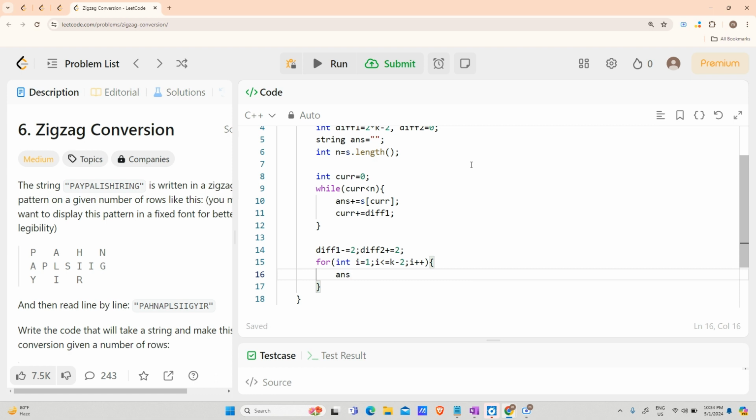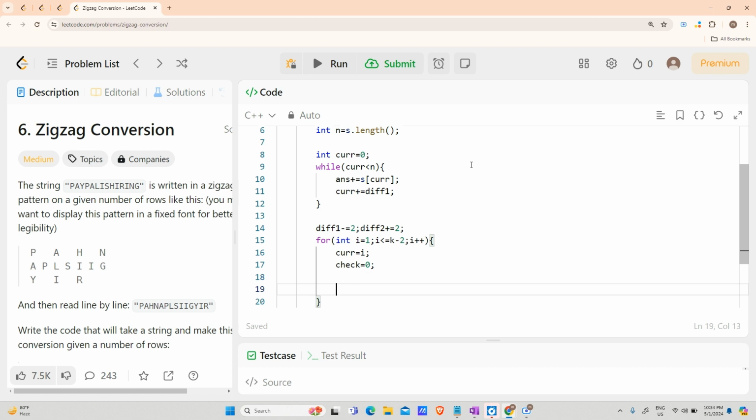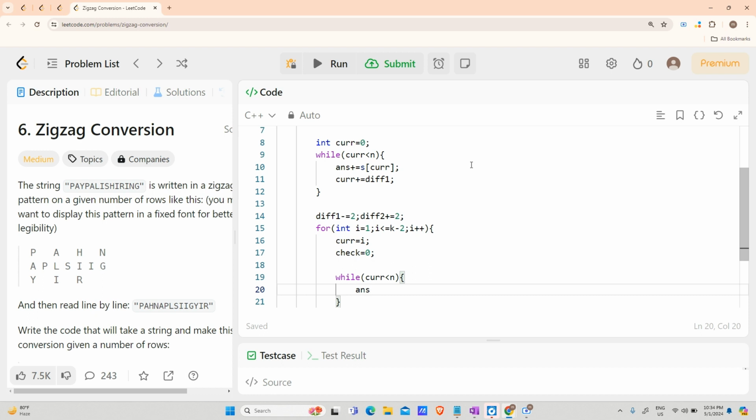Oh sorry. Define two variables. My cur becomes my i, my starting point, and my check becomes my 0 for the alternating upwards and downwards incrementation. Right now, while cur is less than n, first of all add it to your answer. Answer plus equals to s of cur.